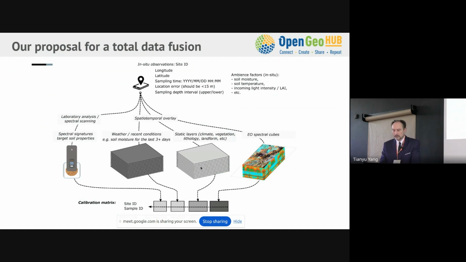There's also some long-term climate, so there are different climate zones. And then we can also take Earth observation spectral cubes, right? So you have these 4 components, you put them all together, and you say, now I build a model. This is what we call total data fusion for soil spectral calibration.